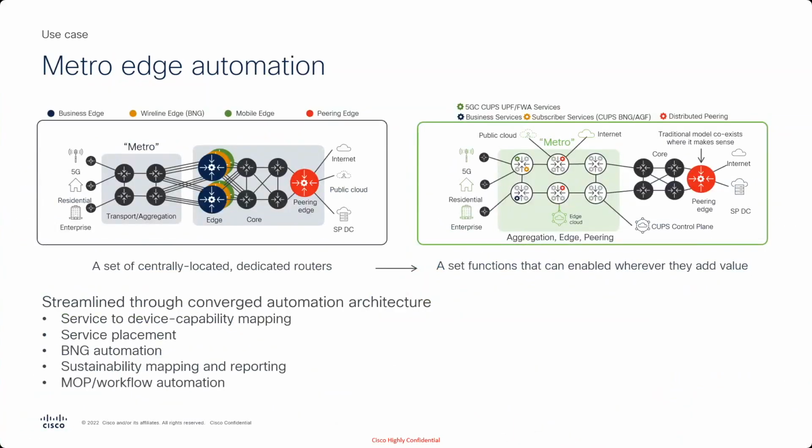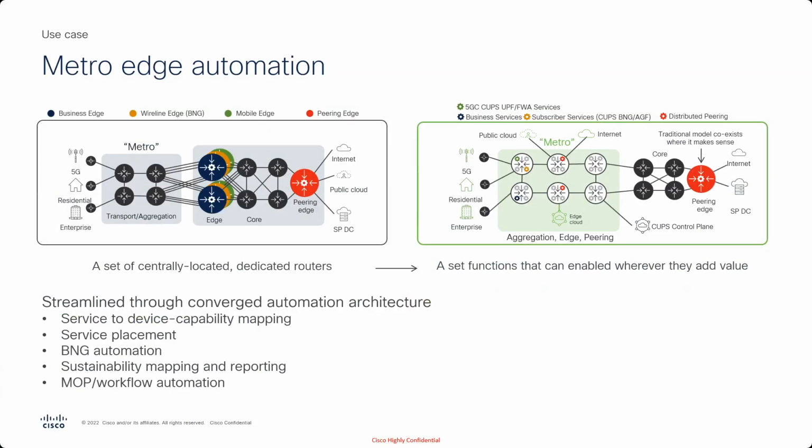The last use case I want to mention is Metro Edge automation. Probably we haven't talked about it yesterday or even today in the presentation, so I haven't seen it. But one of the major generators of carbon footprint, and the devices that are more impacting in the network, are definitely on the edge of the network itself, where you terminate the services.